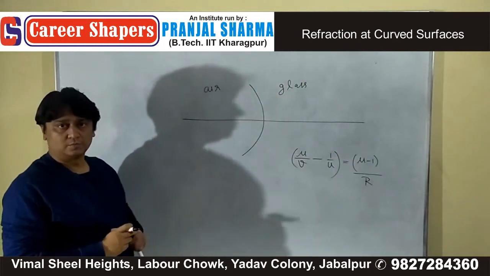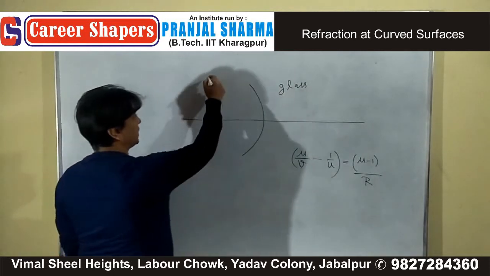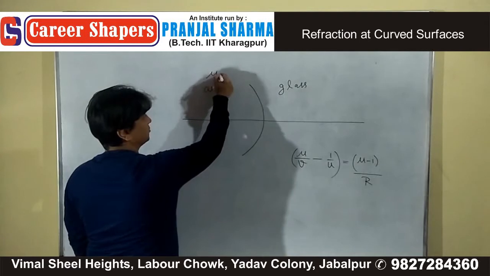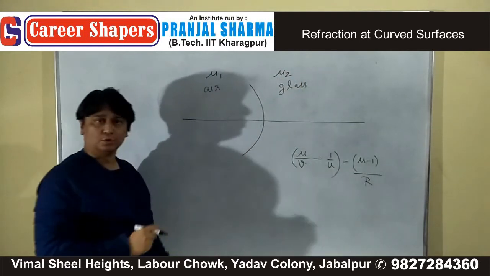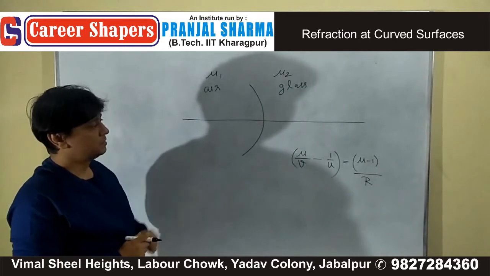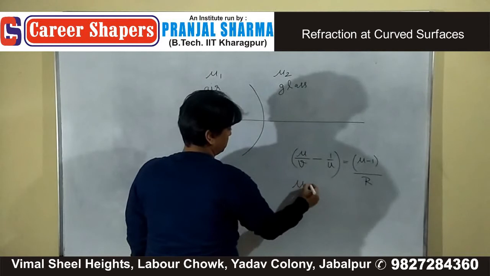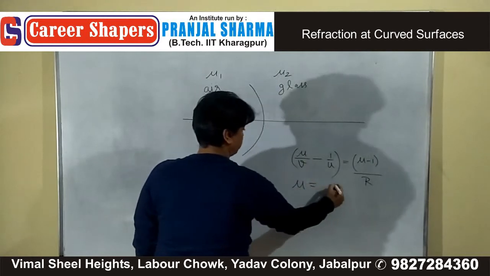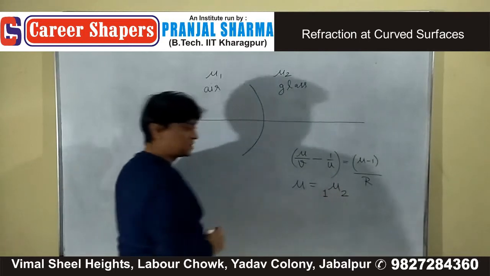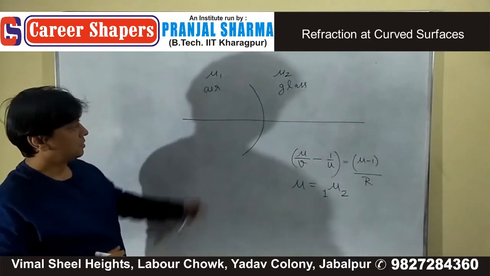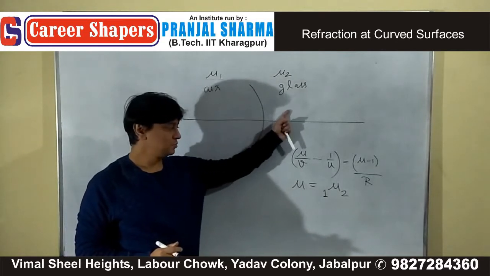We can also generalize this. If you say this medium is mu1 and this medium is mu2, then mu is basically the refractive index of medium 2 with respect to 1. Light rays are coming from medium 1 and entering into medium 2.